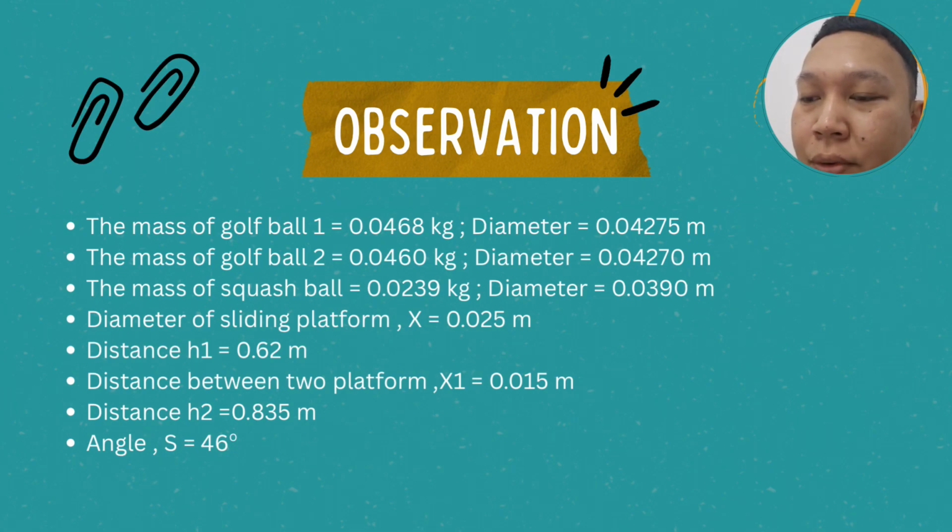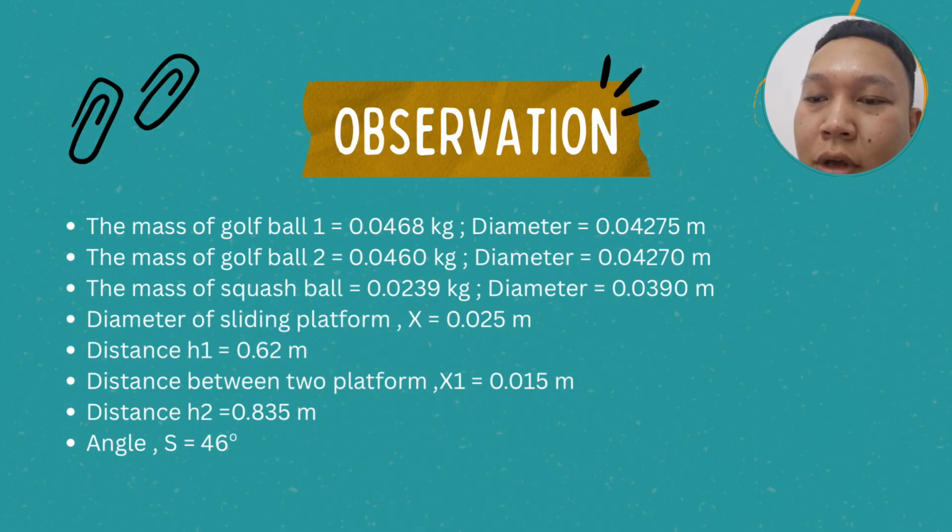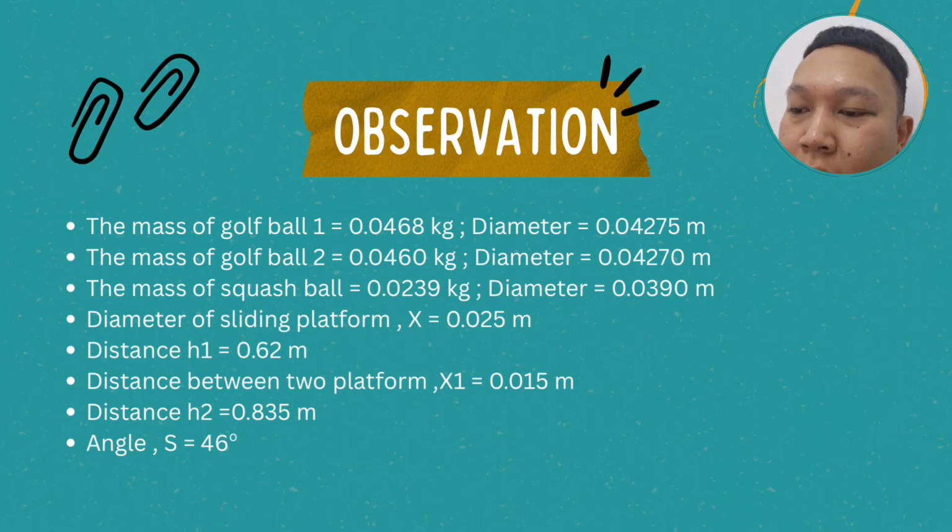As for golf ball 2, the weight of the ball is 0.0460 kilogram, and the diameter is 0.0270 millimeter. These balls do not have the same diameter and also weight. As the third type of ball, the mass of the squash ball is around 0.0239 kilogram, and the diameter is 0.0390 millimeter.